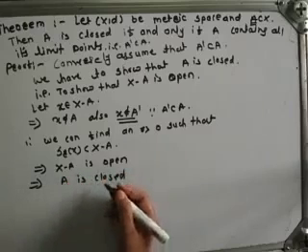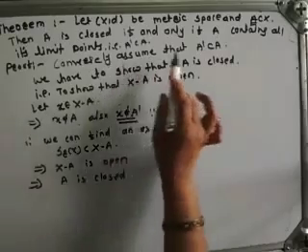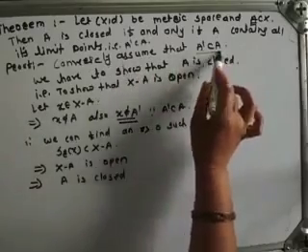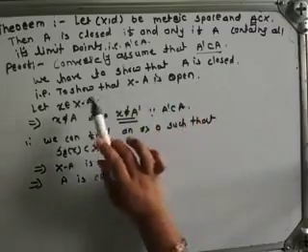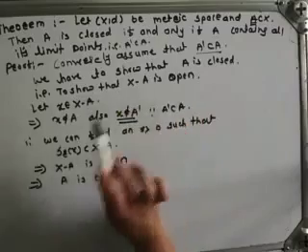Here, the proof is very simple. Conversely, assume that A dash is a subset of A. Okay, we have to show that A is closed. That is to show that X minus A is open.